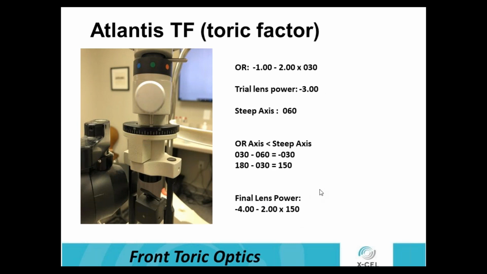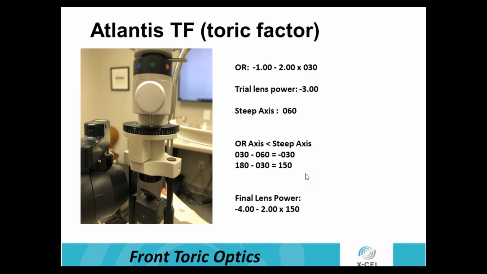And if it's less than, you're going to do another simple equation where you minus it from your over refraction, and then you do it from 180, giving you the 150. Two simple ways of doing it. You can also simply do LARS. So evaluate the amount of rotation or where your steep axis is, and then use LARS from there.